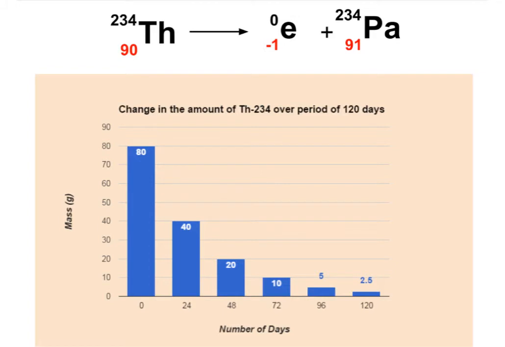It makes you believe that right in front of your eyes you would observe disintegration of the sample. Please do not forget that while thorium is decaying, it is decaying into palladium-234. So all this decrease in the amount of thorium will be compensated by the increase in the amount of palladium-234 in the sample.